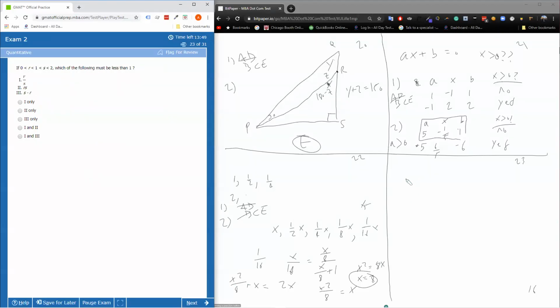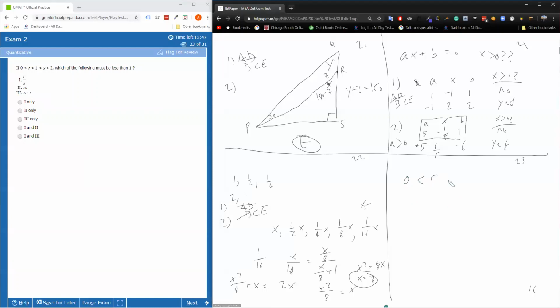If R is between 0 and 1, S is between 1 and 2, the following must be less than 1. So the denominator is bigger than the numerator. So 1 for sure.